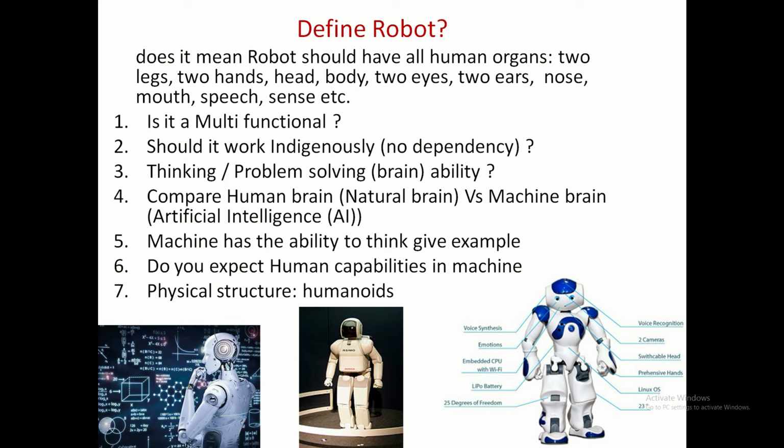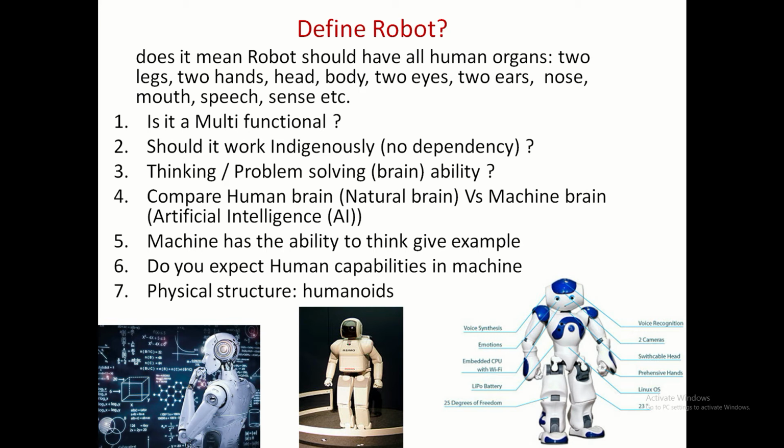So this is my perception: if you have any system which has the ability to change its functionality, reprogrammable, then I would say yes, it's a robot. Like humans, right? We are not doing only one task throughout the day. We are doing multiple things.